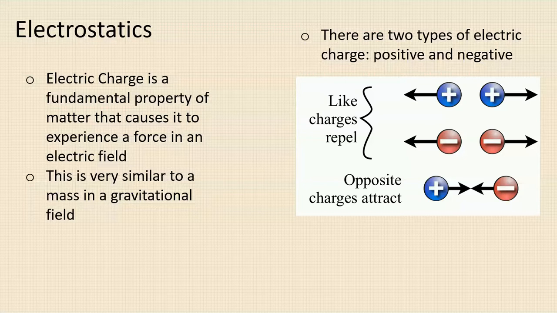This applies for electric charges. The two positive charges are going to push each other away, the two negative charges would push each other away, but any positive and negative charges would attract each other. So you're familiar with that, and that's how we are able to observe, study, and discover how electric charges behave.